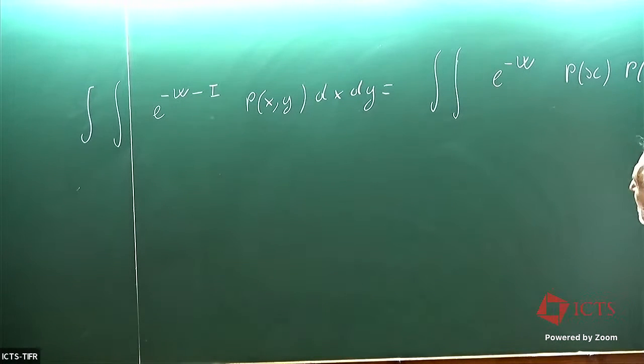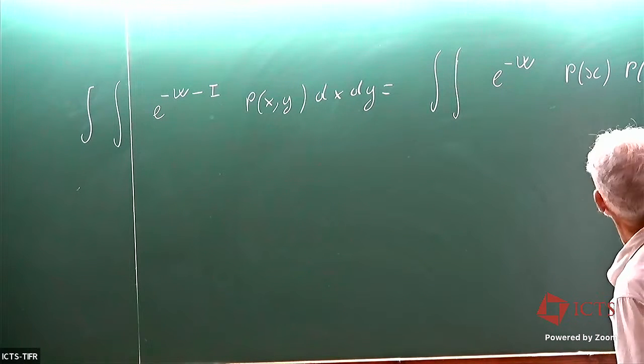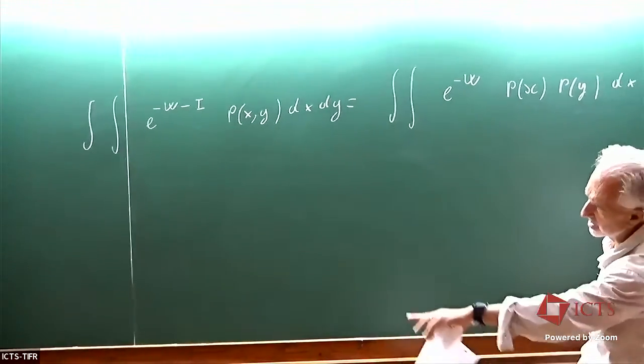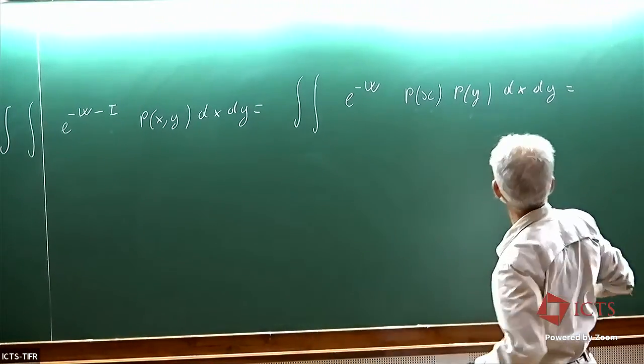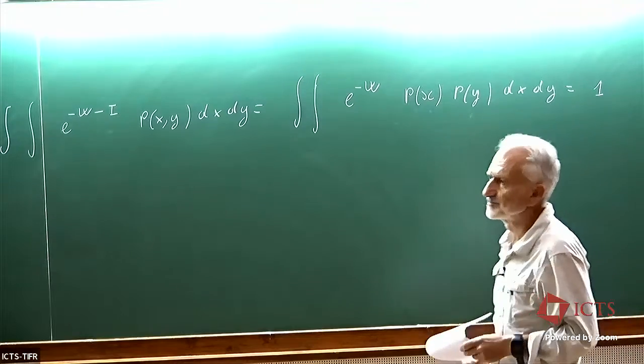And then you see that this guy is for sure equal to 1, because P(y), for the normalization, is 1, but now the integral of minus W is done over x. You see that W is a function only of x, and so this guy is equal to 1.